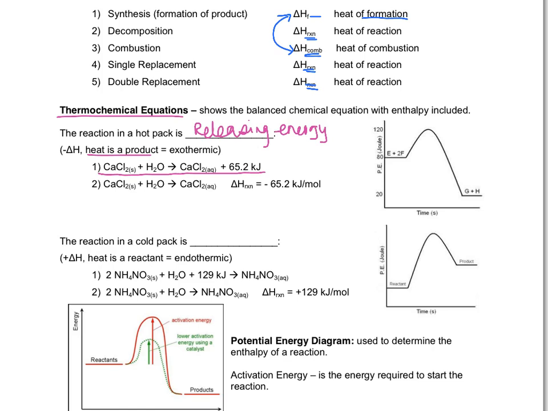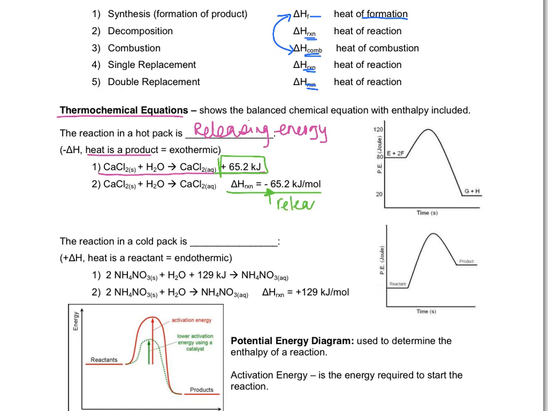So then you will see right here that we write the energy into the equation as a product. If you see energy as a product, that indicates that it's exothermic. The other way, which I feel is more common now in textbooks, is that they do not include the energy inside the reaction. They separate it out, so it just looks like a quantity of energy. So they put the negative sign on here to indicate that it was released.